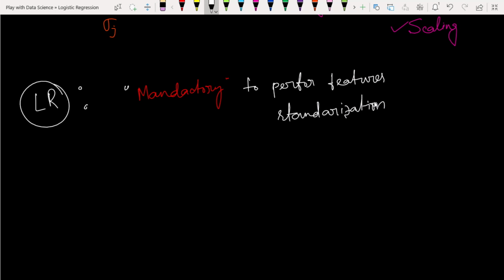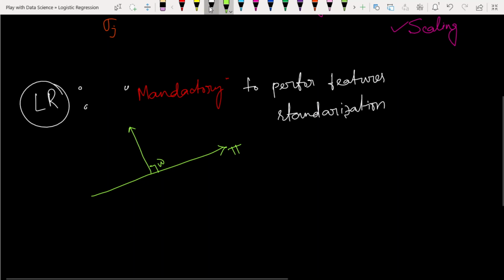If we just draw the primary picture, the main geometric concept, we have the data set and one plane. Suppose this is our plane, and the perpendicular to the plane is called w.